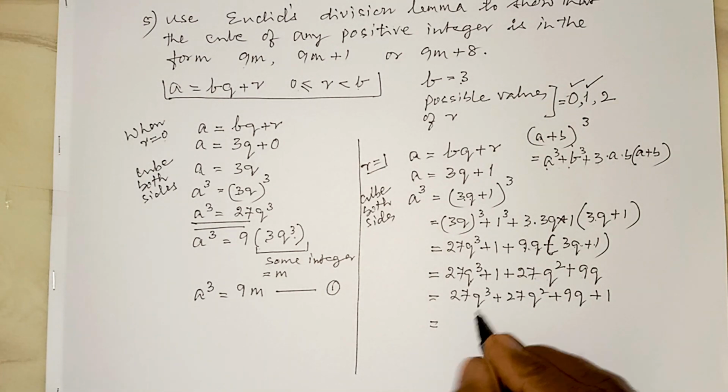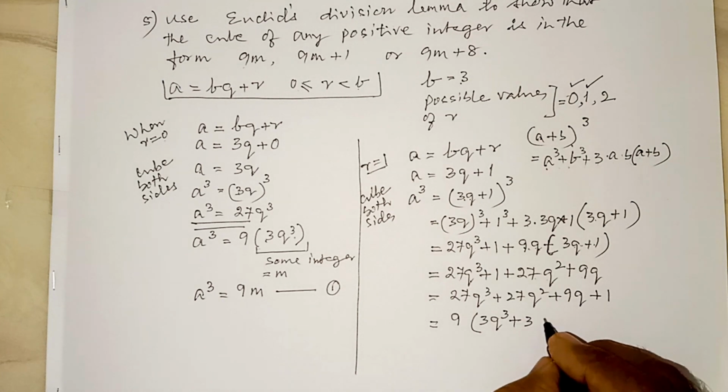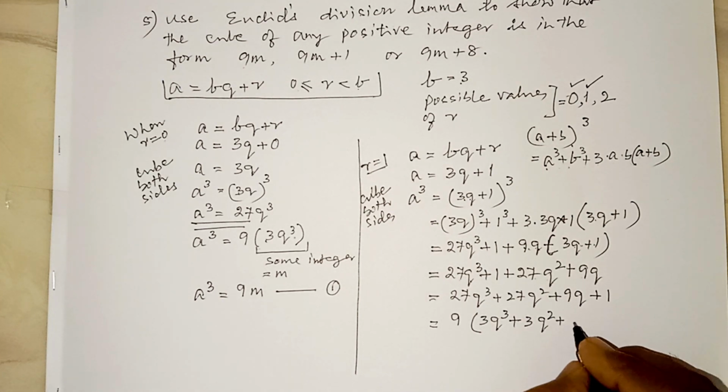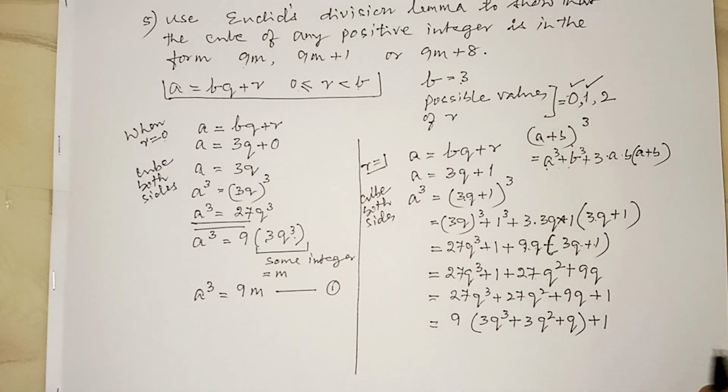What we do now is take out 9 as a common factor: 9 times 3q cube plus 9 times 3q square plus q, plus 1 as it is. Now this will be equal to, as we are talking about a cube, 9 into m plus 1.